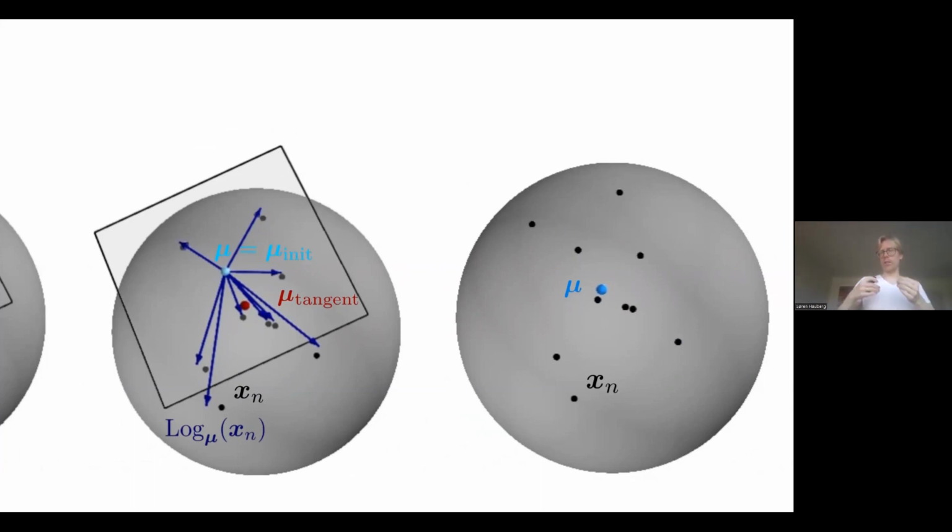That gives you a new point on the manifold, which you can use to repeat the procedure: map the data to the tangent space at this new point, take the average in the tangent space, map back to the manifold, and so forth.